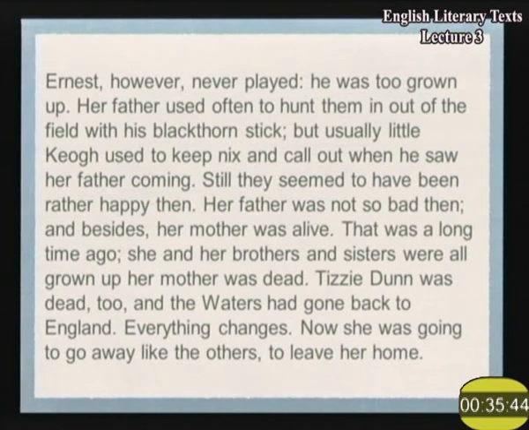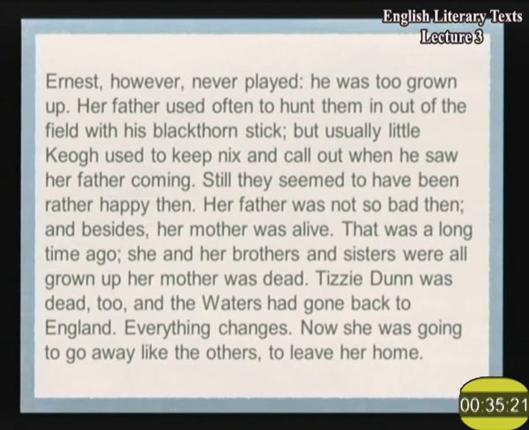Ernest, however, never played. He was too grown up. Her father used often to hunt them in out of the field with his blackthorn stick, but usually little Keogh used to keep nix and call out when he saw her father coming. Still, they seemed to have been rather happy then.